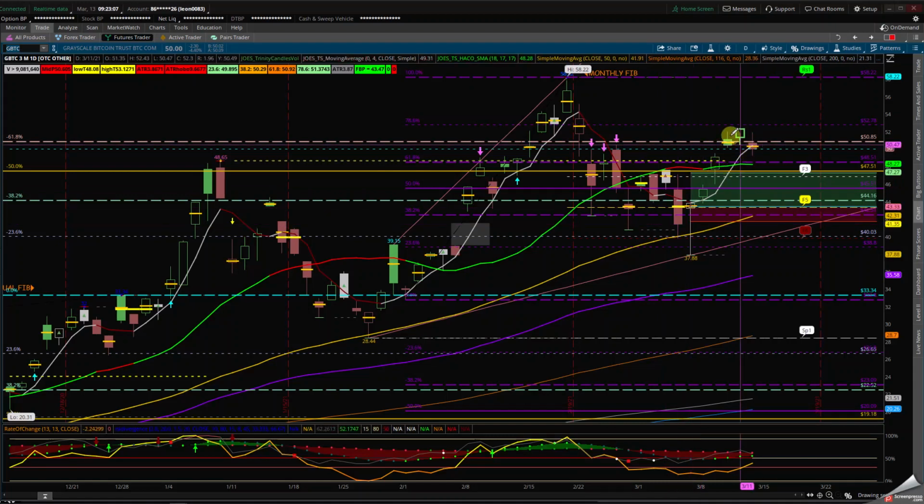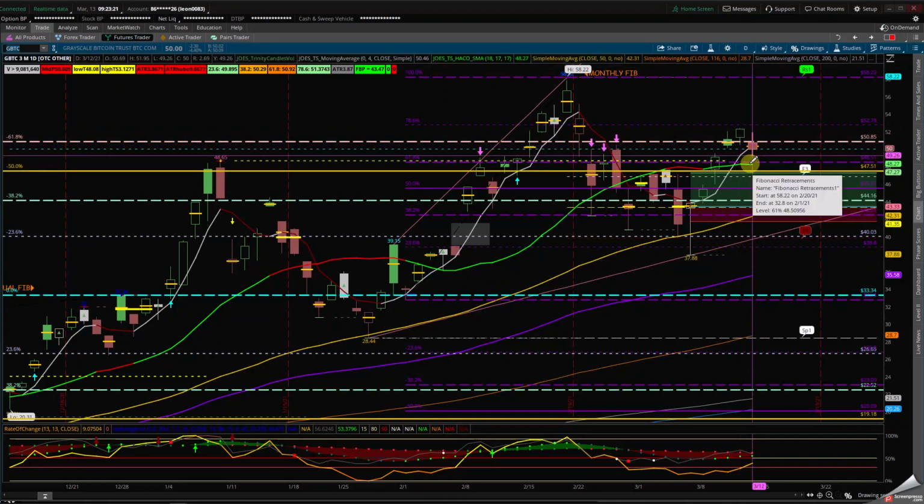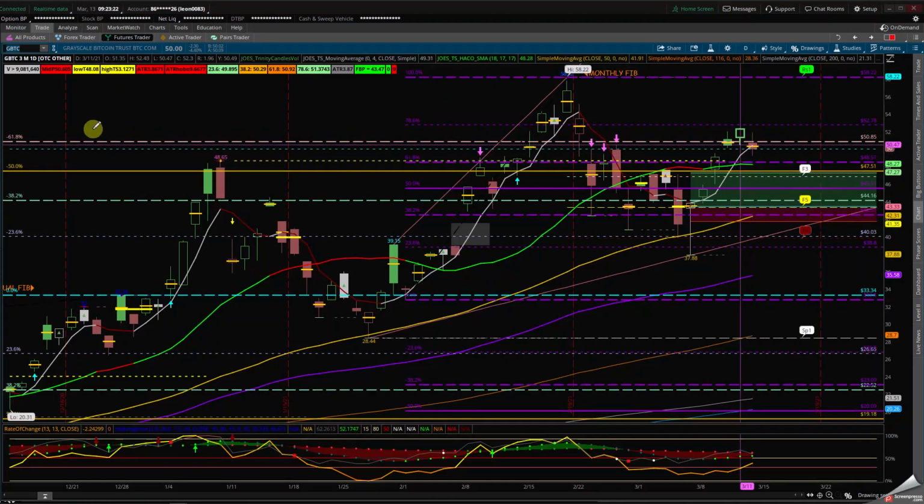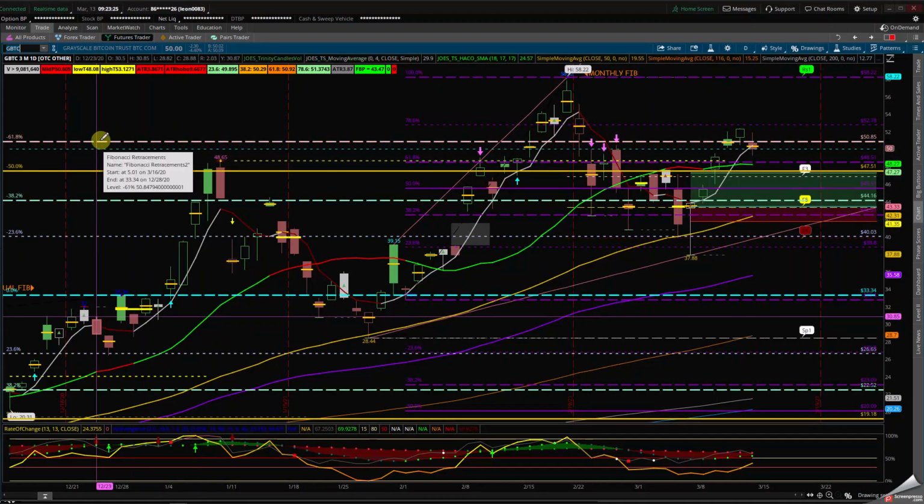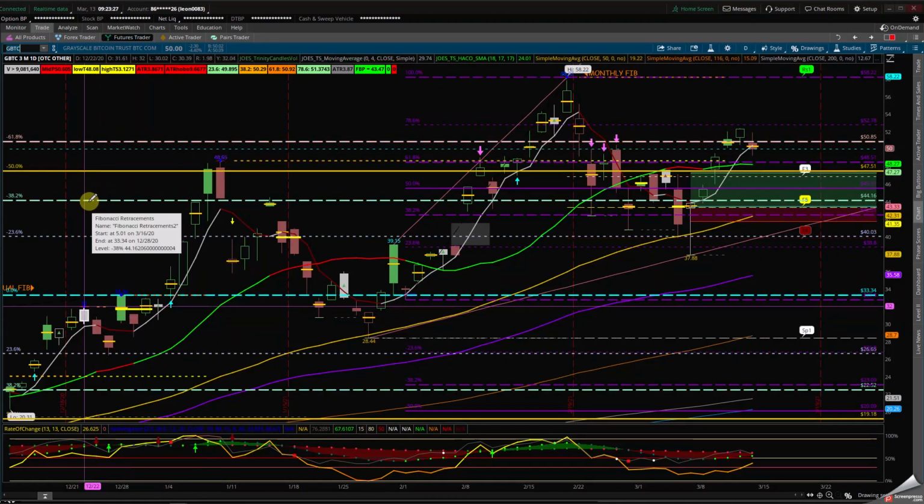Remember, this is an ETF that follows Bitcoin, but it trades in the open market because it doesn't trade in the overnight markets. Bitcoin has reached the prior annual high, broke above it, and fell back in. This is very important, and this is a very critical number between the 61 and the 38% Fibonacci on GBTC.